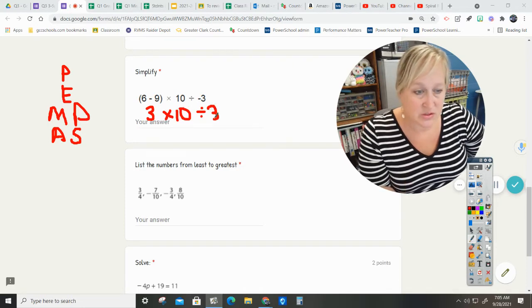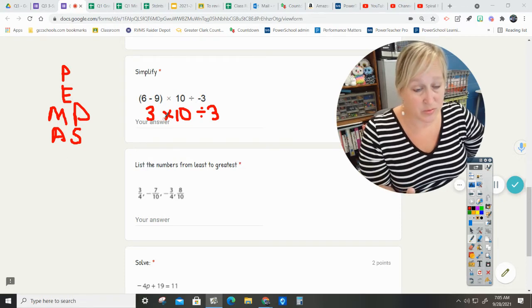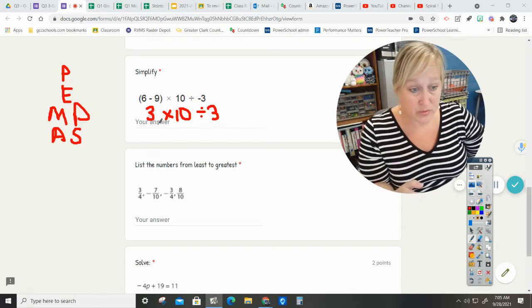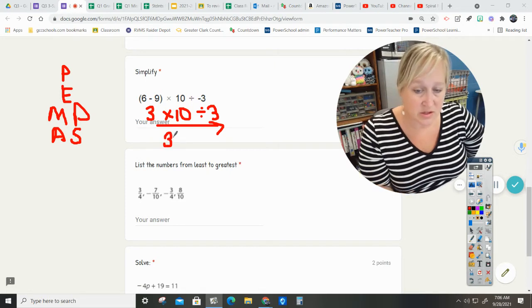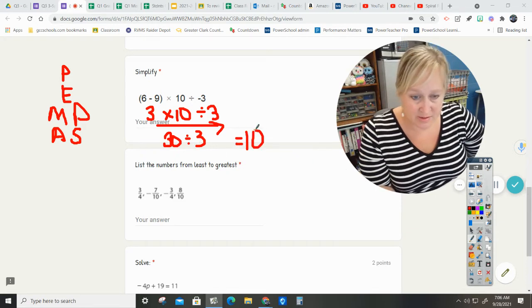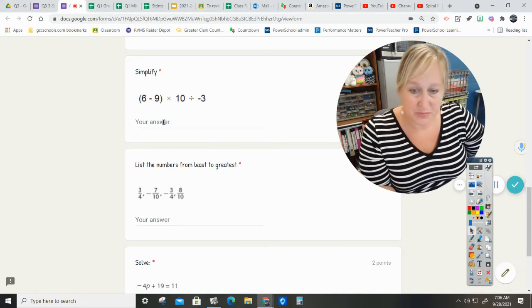Now here's where it gets tricky, because if this were straight in a line, I would have to do the multiplication first and then the divide. But the reality is, since they're both multiplying and dividing, I'm just going to go from one side to the next. So 3 times 10 is 30, and then divide that by 3, and your answer will be 10. What we will type on that line is 10.